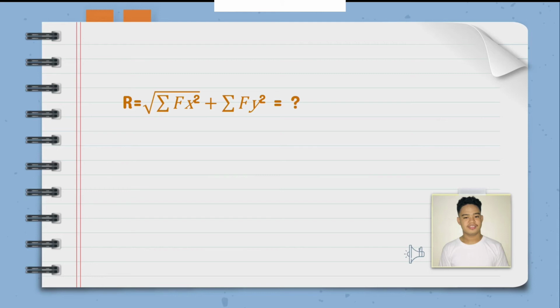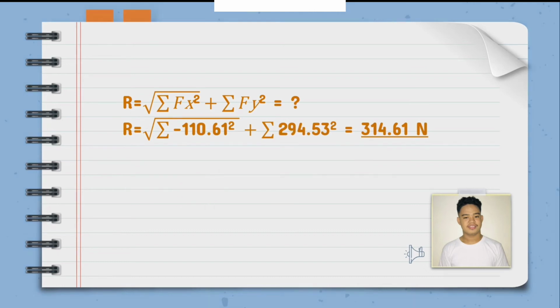We substitute the summation of Fx, which is negative 110.61, and the summation of y, which is 294.53, and we square them and add, and it will be 314.61 Newton, and it will be in quadrant 2.